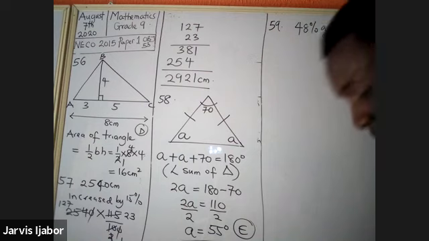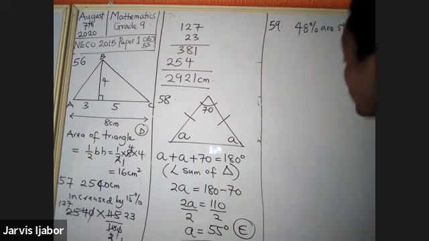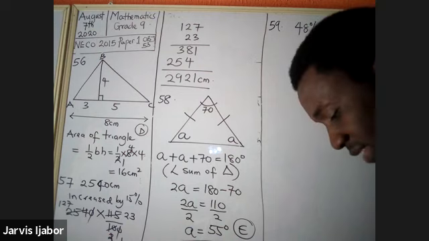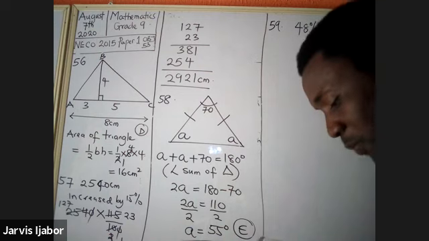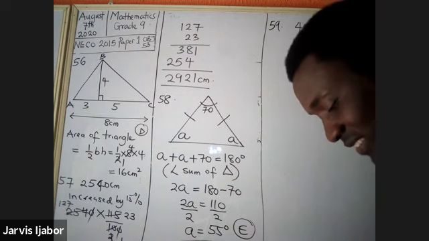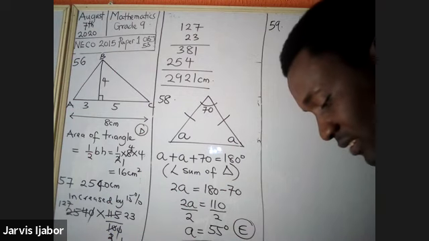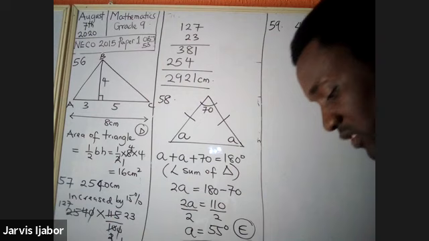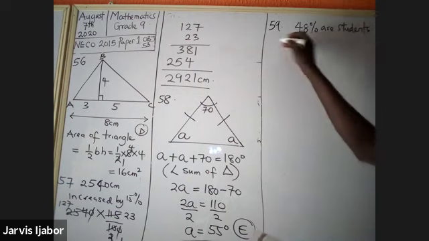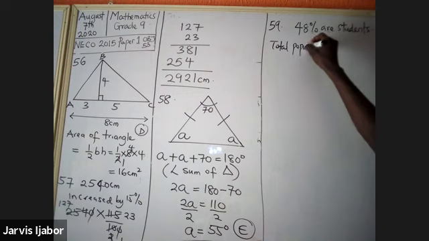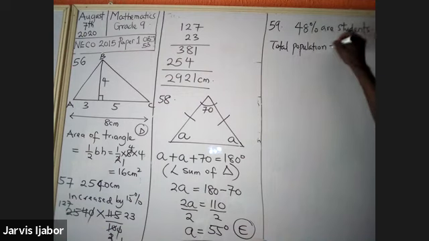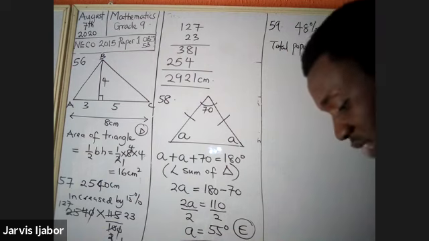Now, it goes on to say that if the total population of persons is what? 600. So total population is equal to 600. Good. How many students are in the community?